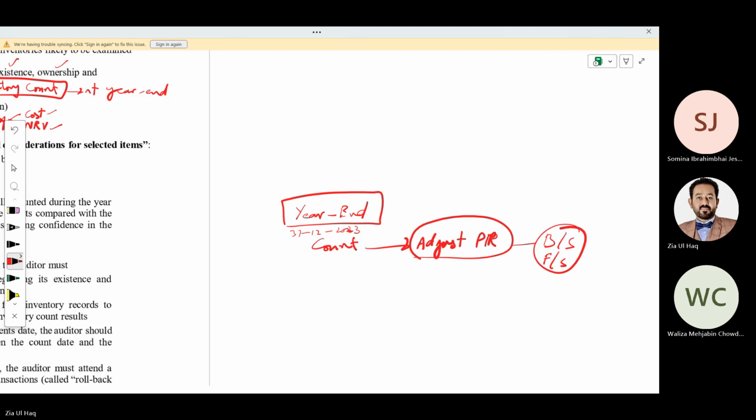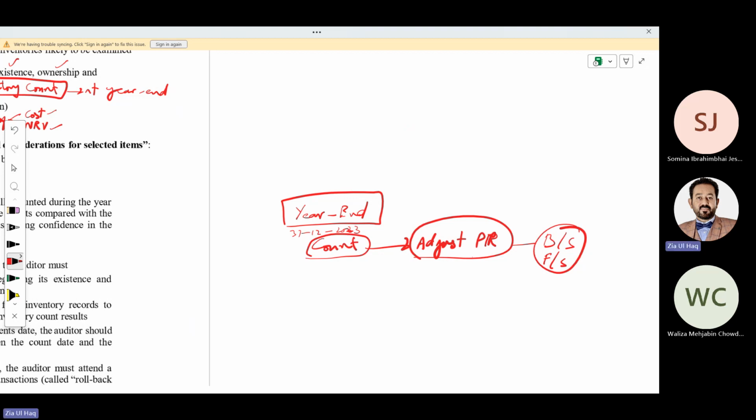How? We will ask the client to count the inventory, and those count sheets must be compared with the PIR. If the PIR and count sheets have different balances, they need to adjust the PIR. The main purpose of physical count is to update the PIR. There is no other purpose of physical count.